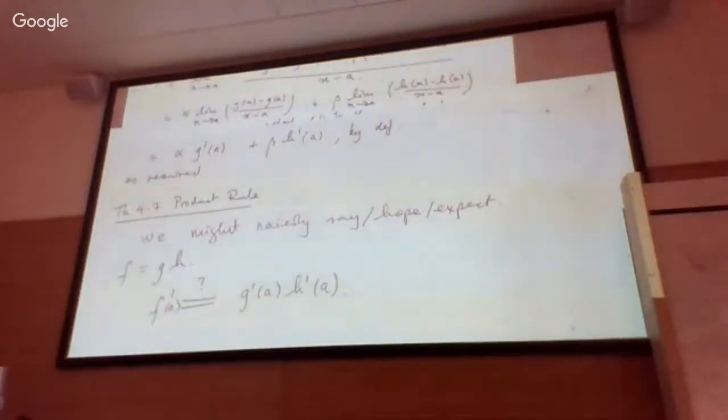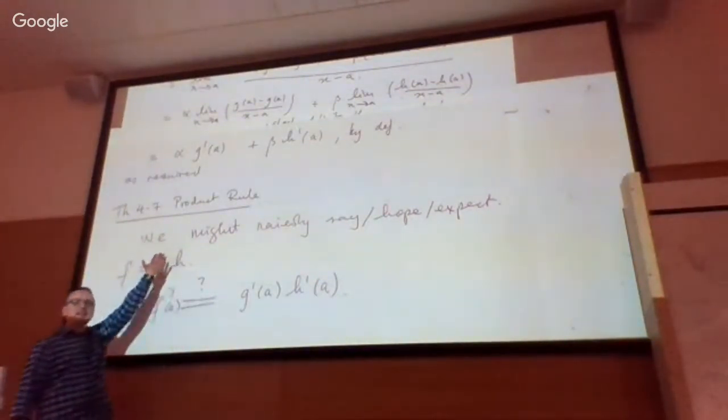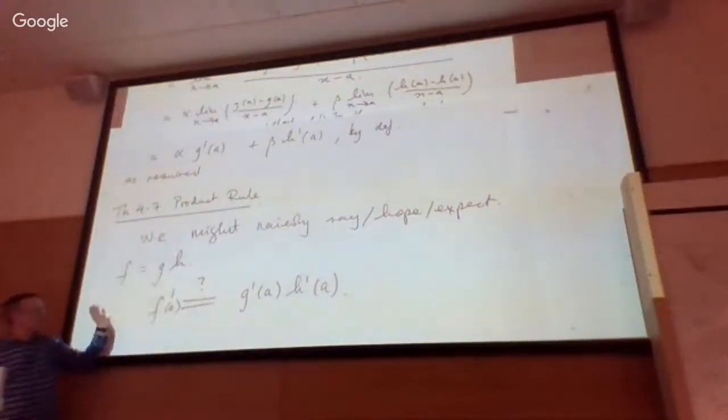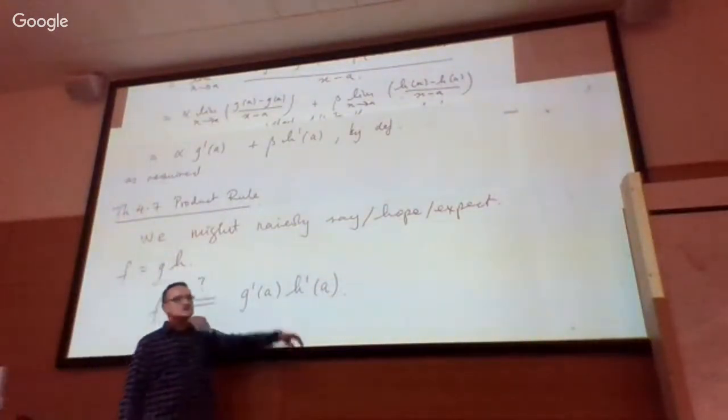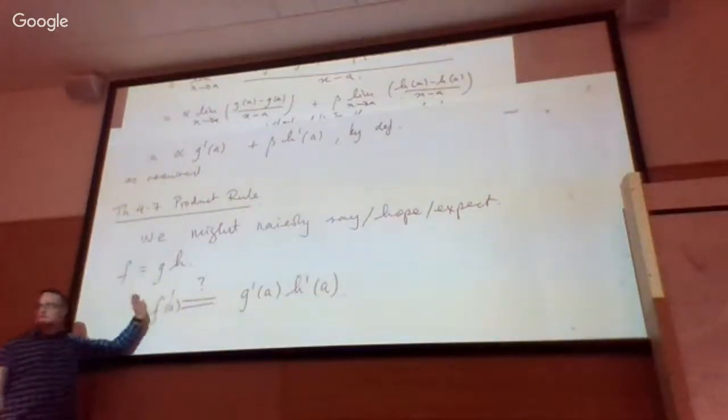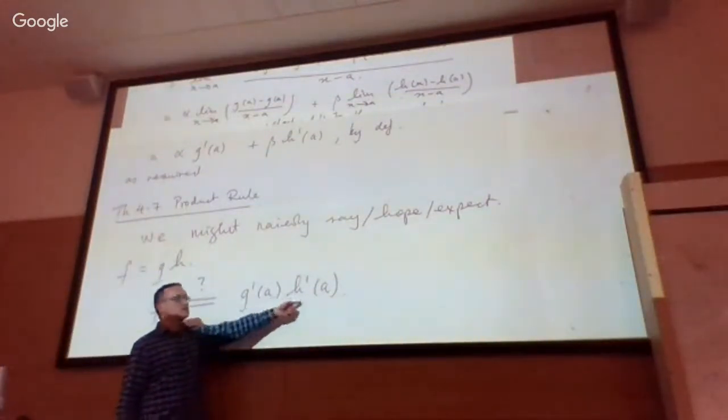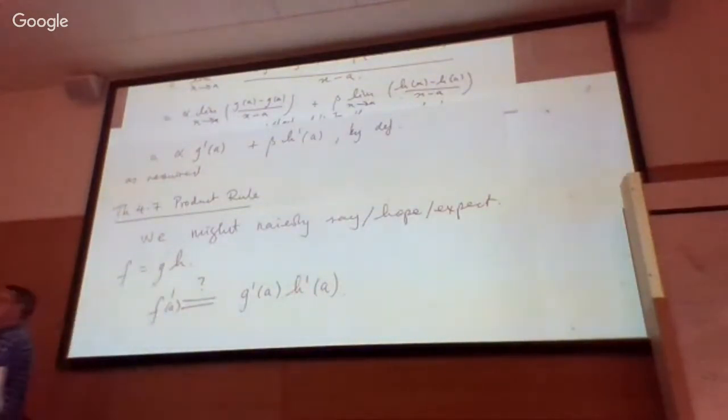Would seem entirely reasonable, or that maybe it's a good bet, because we just saw that it was linear, that the derivative of a sum was the sum of the limits. Maybe we might expect that the derivative of a product is the product of the derivatives. Okay, however, it's not true.